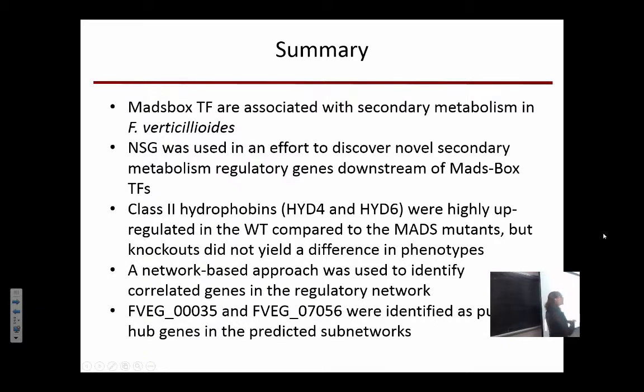So instead, we went with this network-based approach in order to identify correlated genes in the regulatory network. After building our subnetworks using this approach, we identified 2 seed genes, putative hub genes, 00035 and 07056. And I'm now characterizing their role in fumonisin and ergosterol production, as well as the effect that they have on other genes within their subnetwork.